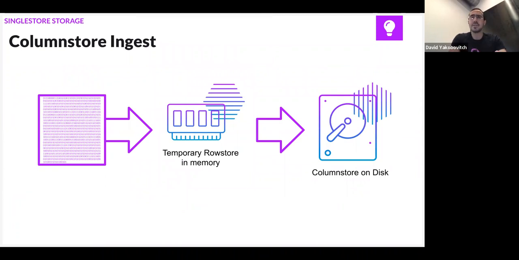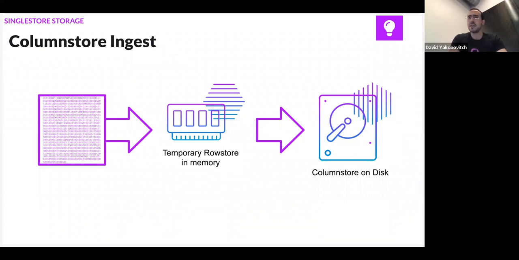It's become this hybrid solution where basically row stores and column stores are better together. And better together means that when you bring data into the database, it starts as a temporary row store in memory. That's tier 1 of our 3-tier storage.